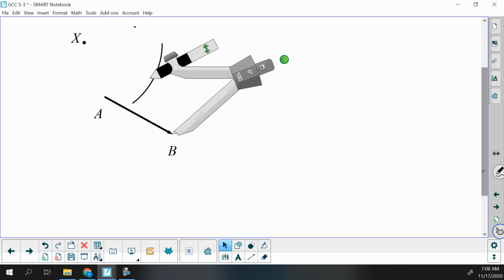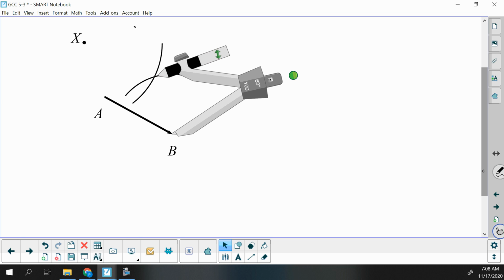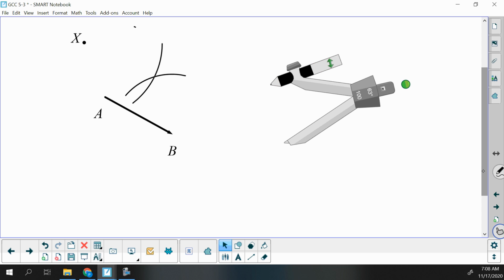And then make your arc where those intersect. That's where X prime is going to be. So that slides point X the same distance and in the same direction as vector AB.